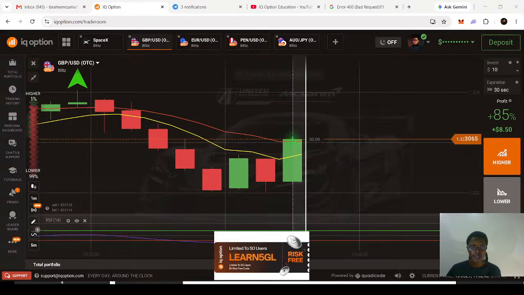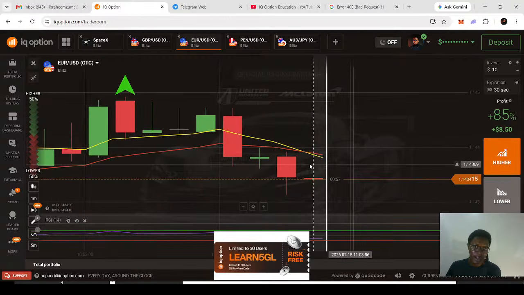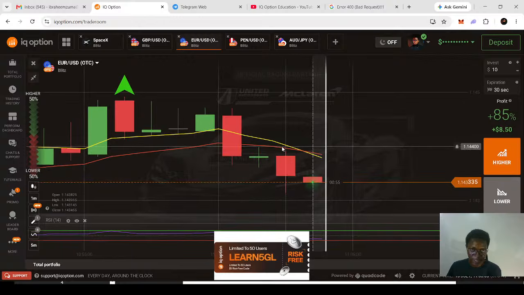Something is happening in Euro USD. So we have a crossing right here, but even though we can use this fractal as a signal, we can try a 3-minute. We're supposed to have a fractal around here, but maybe we can use 3-minute right here, but we need a fractal around here. It's not happening.